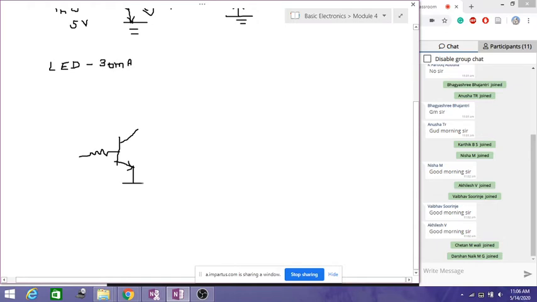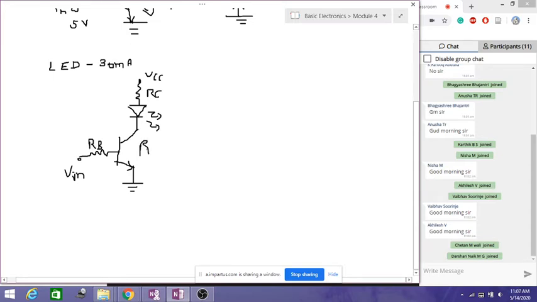Rewriting the circuit: the emitter terminal here, this is my Vin and this is my RB, and here I have the RC resistor and this is my LED connected, and this is the VCC connected here. We represent the LED symbolically like this, meaning it is emitting light outwards.